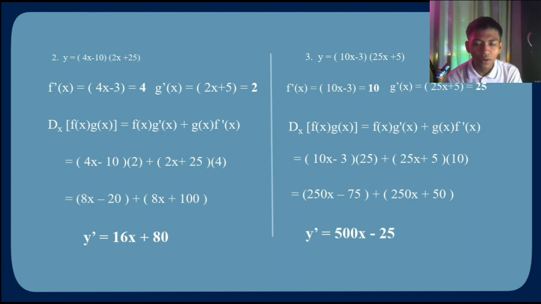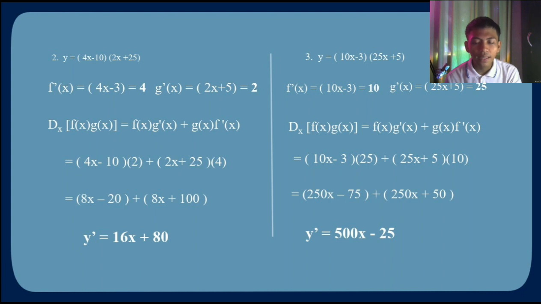And then let's apply the FOIL method. 25 times 10x is equal to 250x. 25 times 3 is equal to 75, plus 25x times 10 is equal to 250x, plus 10 times 5 is equal to 50. 250x plus 250x is equal to 500x.